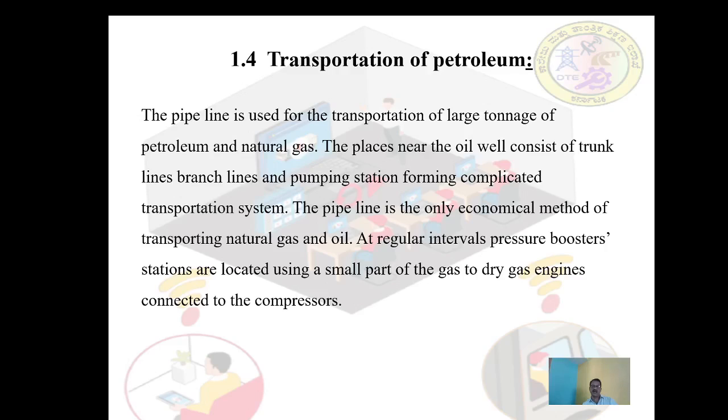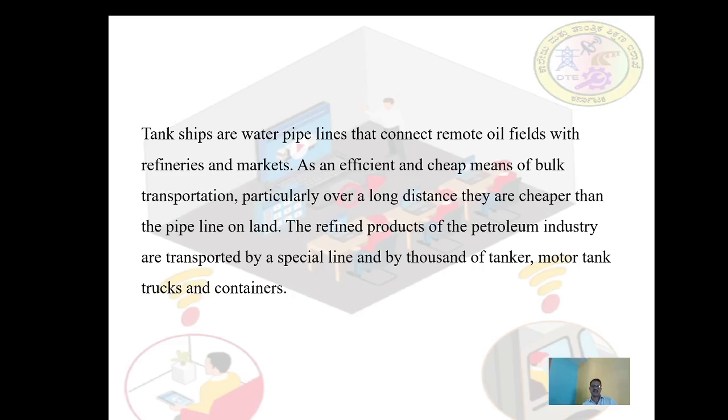At regular intervals, pressure boosting stations are located, using a small amount of the gas to drive engines connected to the compressor. Tank ships are the water pipelines that connect remote oil fields with refineries and the markets.